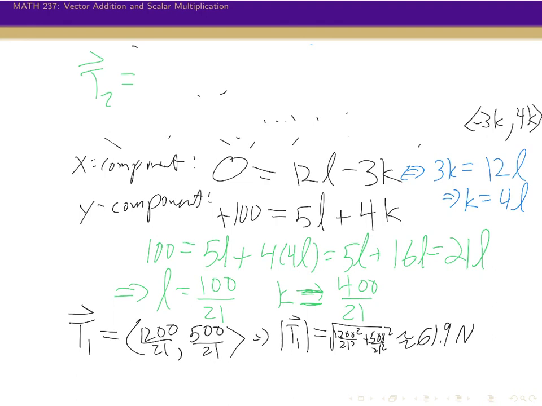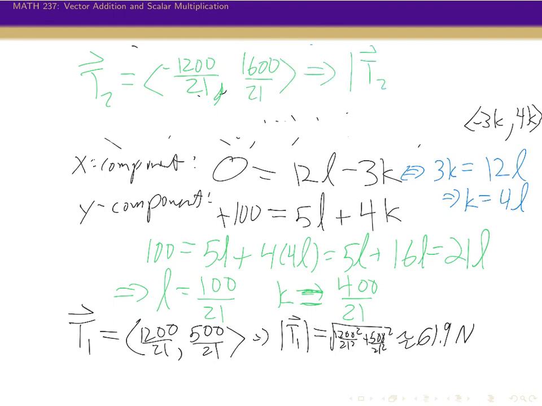So T2 is going to be (-1200 over 21, 4 times that, which is 1600 over 21).